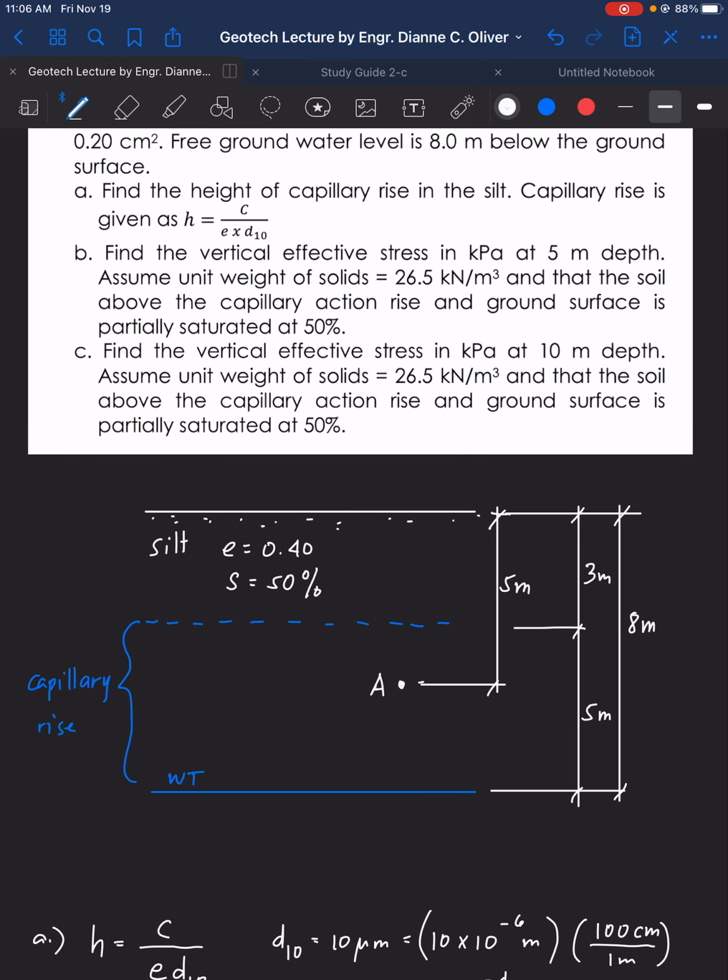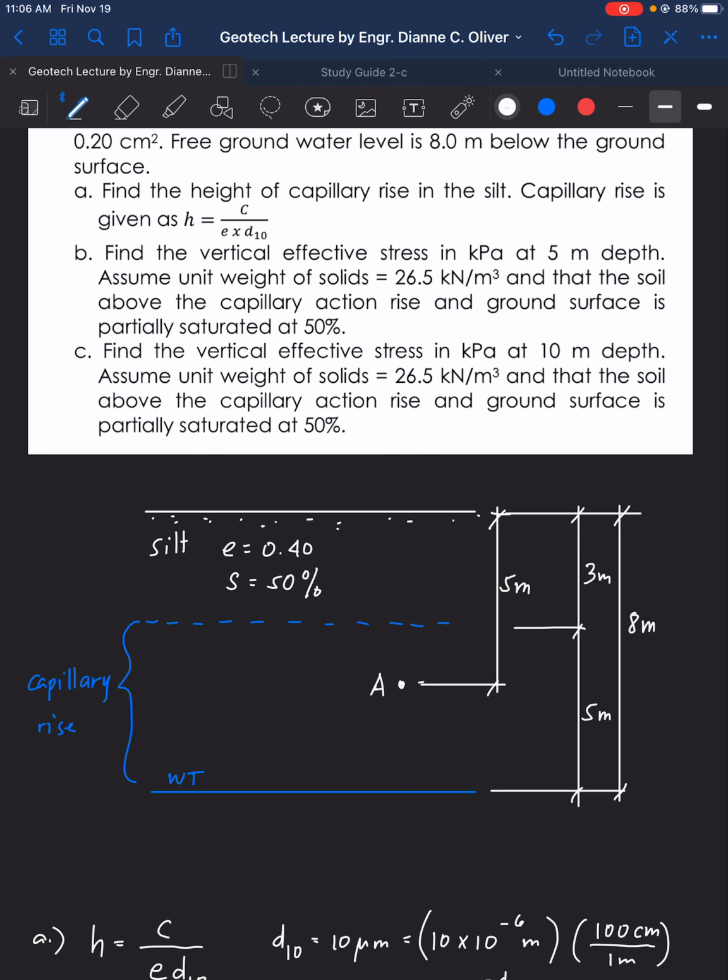Right? So let's solve for the vertical effective stress. So we need to find the P total minus the P water here. But first, let's find what is the gamma. What gamma are we going to use when we are considering the zone of the capillary rise here?